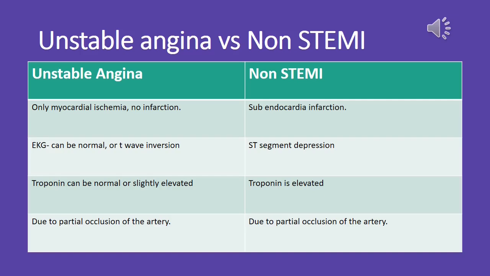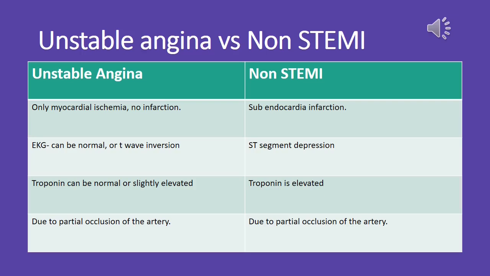But in non-ST elevation MI, ST segment depression is the main feature. When you go to the troponin levels, in unstable angina they can be normal or slightly elevated, whereas in non-ST elevation MI, troponin levels are always elevated.